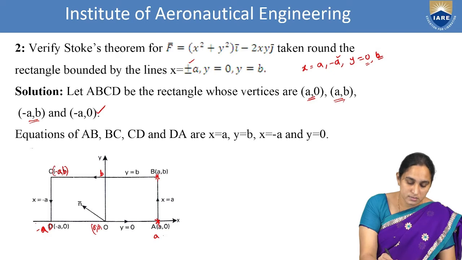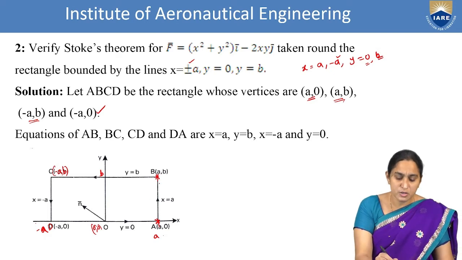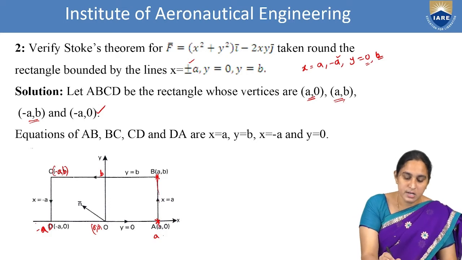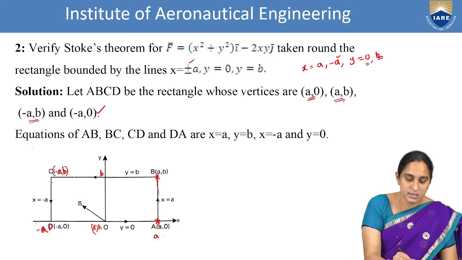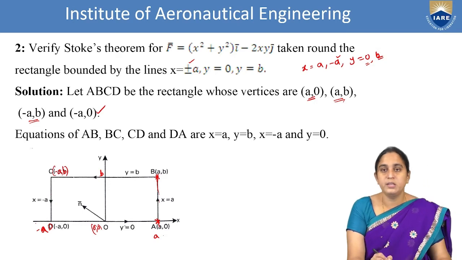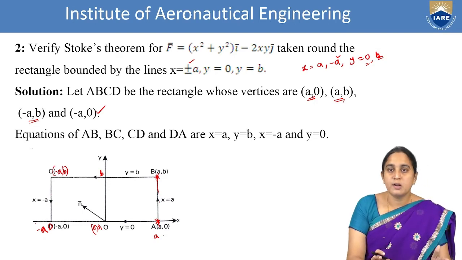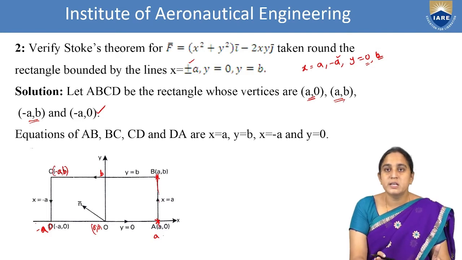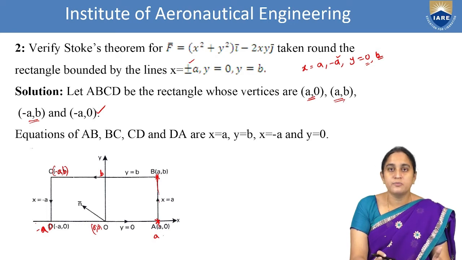Just join all these lines: first line as AB, next line as BC, next line as CD, and the next line as D to A. Once you observe, after joining all lines, the rectangle is on the XY plane only. That means for this question, what about Z value? Z is also 0.